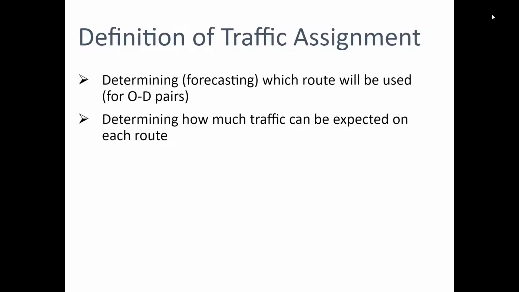So first, let's define what traffic assignment is. Traffic assignment is determining which routes will be used by different origin destination pairs, and then based on that, figuring out how much traffic could be expected on each route.